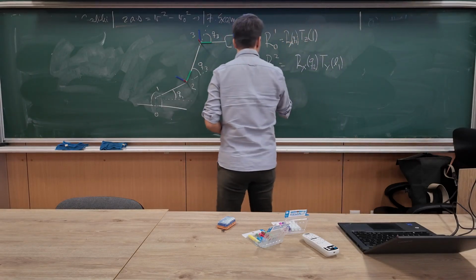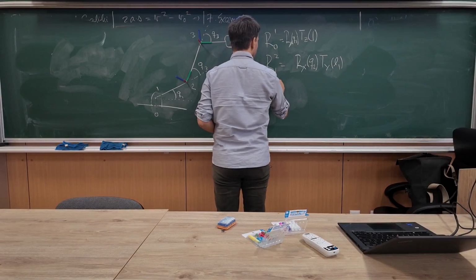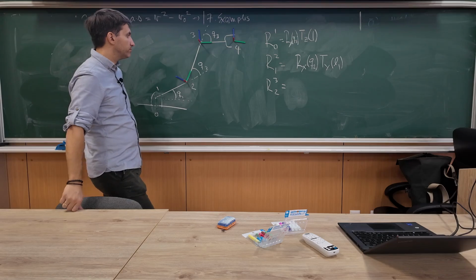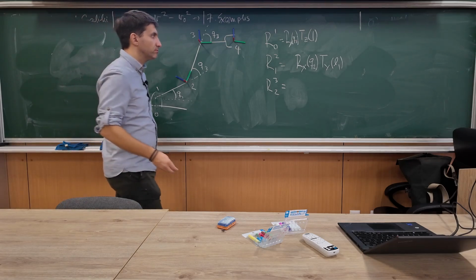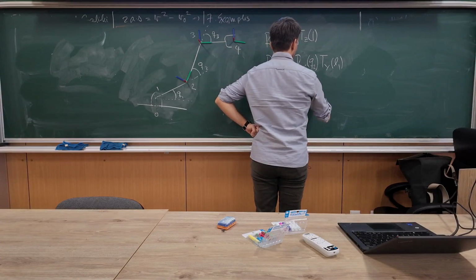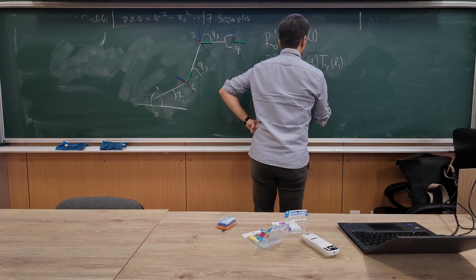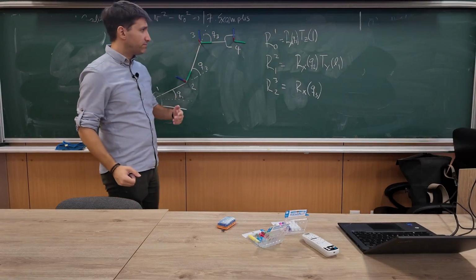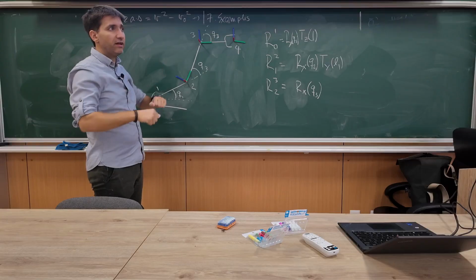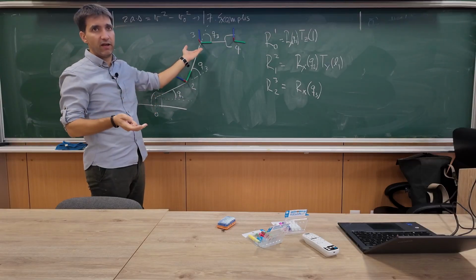And transformation from 2 to 3. What do I have? Okay. In this case, it's minus Q3 indeed. It goes in the other direction, but it's a variable anyway.